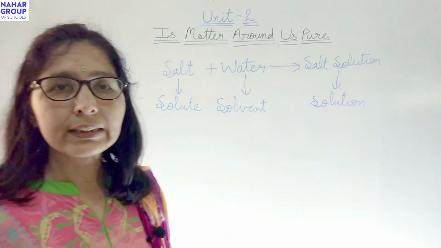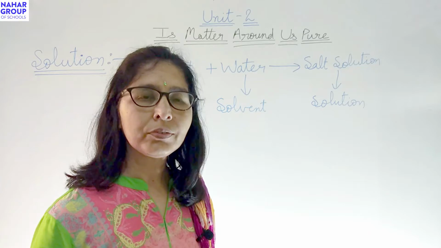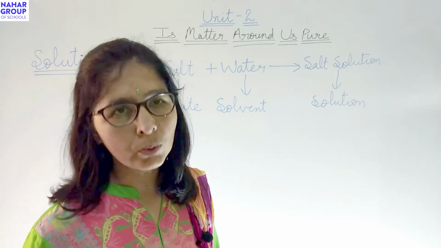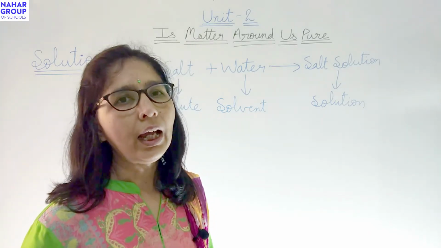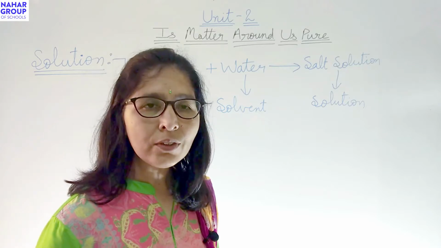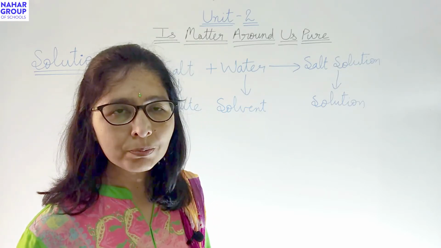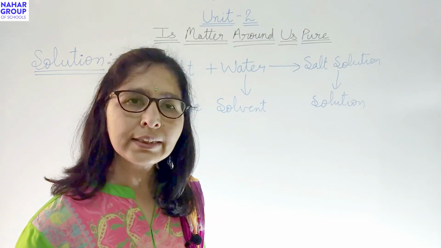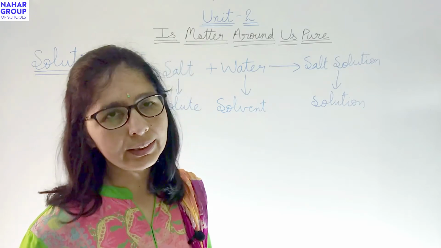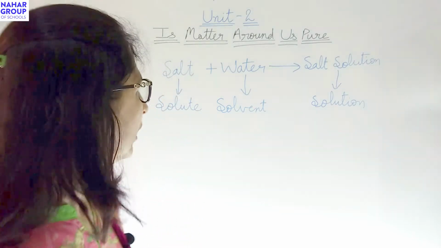It means the solution is made up of two or more components and the size of the particles is very small, less than 1 nanometer, then it is called a solution.